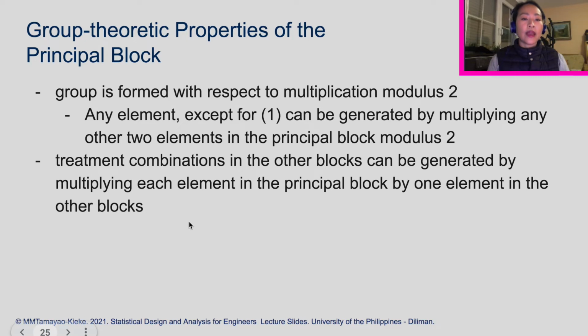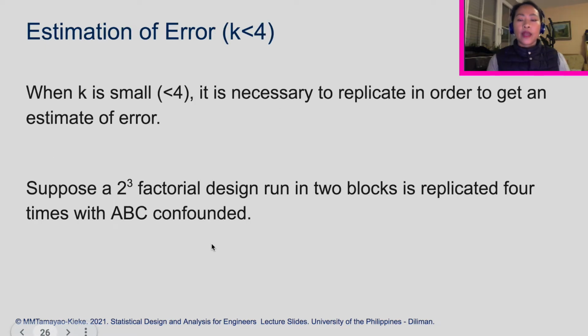Now, as k becomes higher, you will realize that these properties are very helpful. We will illustrate further how these properties can be made handy in block generation in the succeeding discussion.